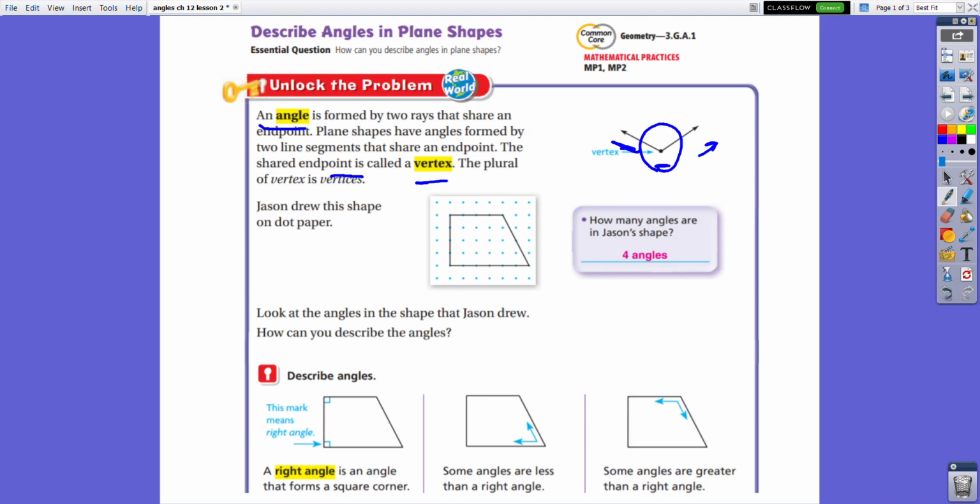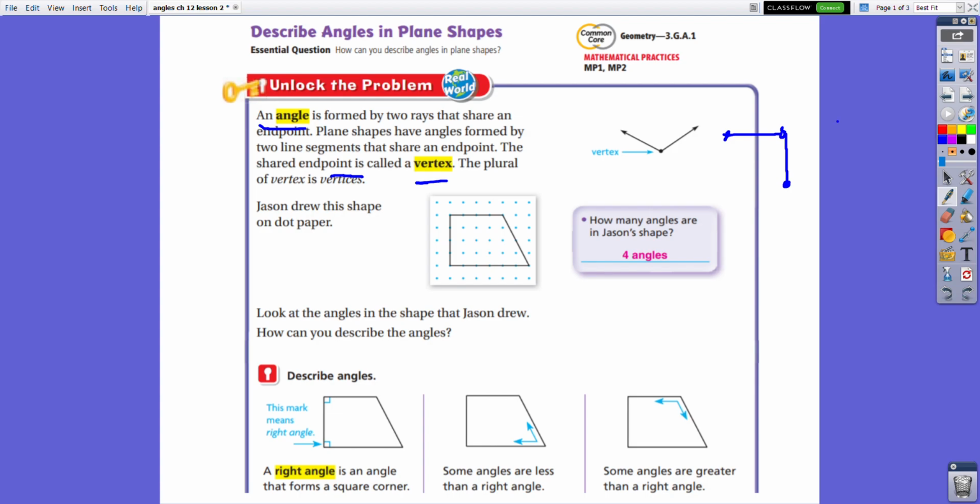And not only rays, it could be also line segments. Look at here, for example. If I have this line segment, piece of line, and it has one end point and the other end point, and there is another line segment.